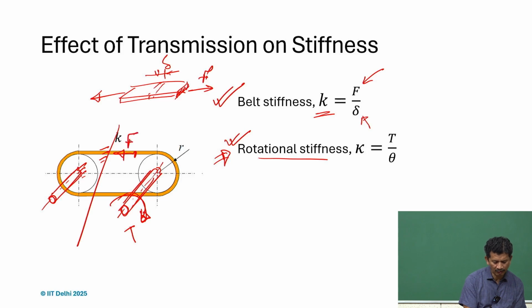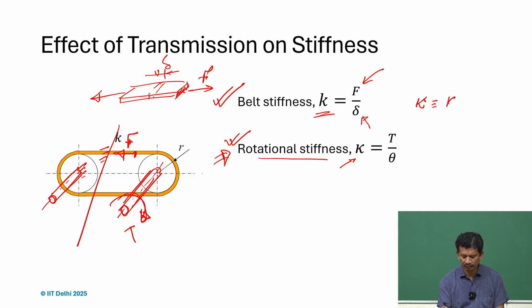There will be F acting on the belt. The way we define rotational stiffness is kappa. Notation wise we might have some issues, so either we call it kappa, or equivalently we can write K with subscript rotation to avoid any confusion. This is the torque applied, and theta is the deflection.